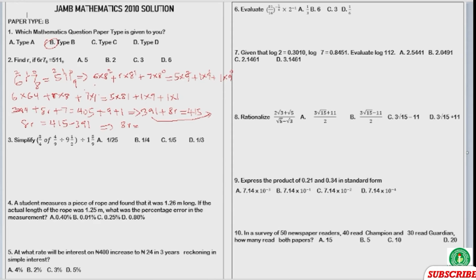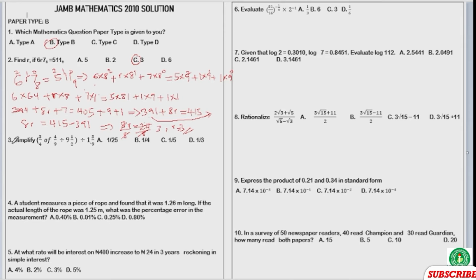We have 24. Now divide also by 8. 8 in 24 gives you 3. Therefore R is equal to 3, so the option here is C. That's number 2 question for us.